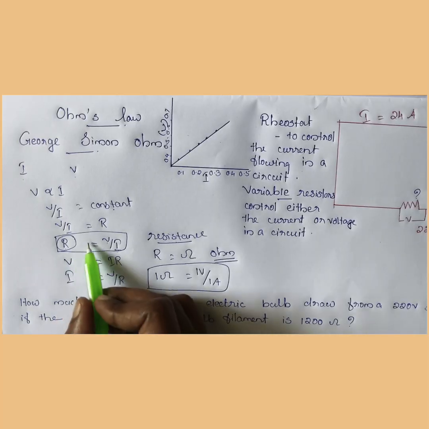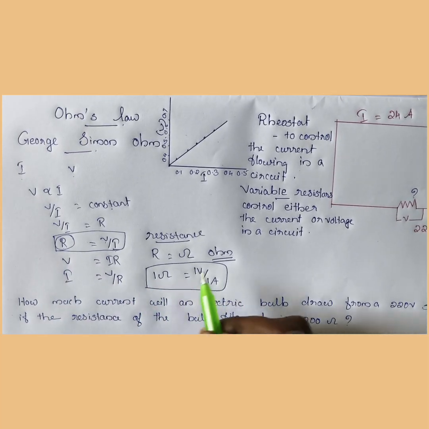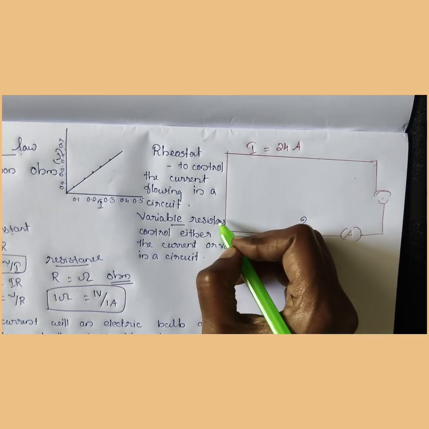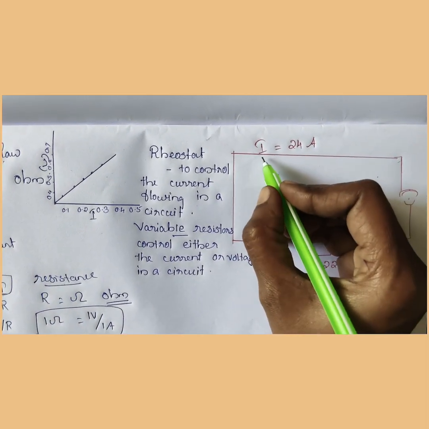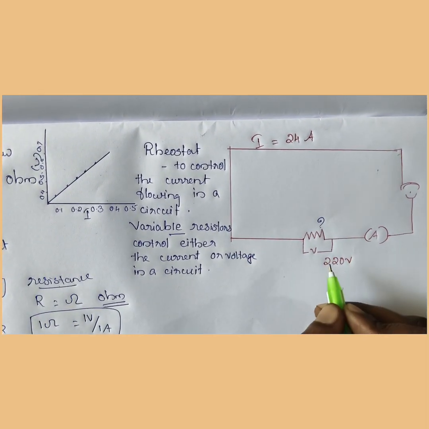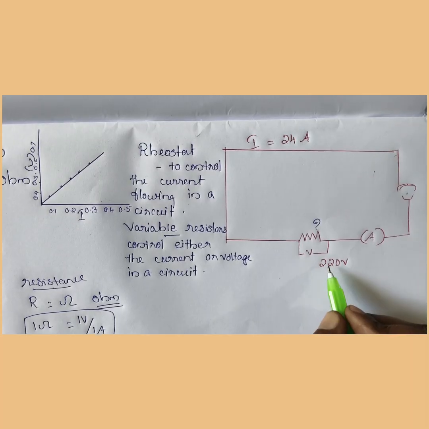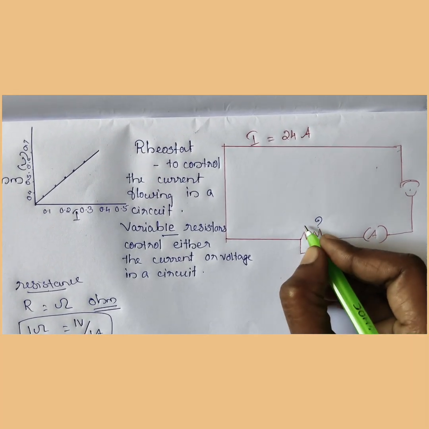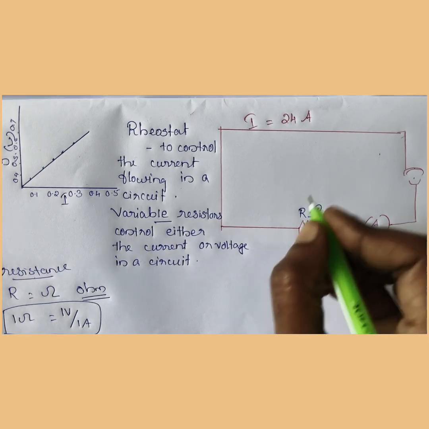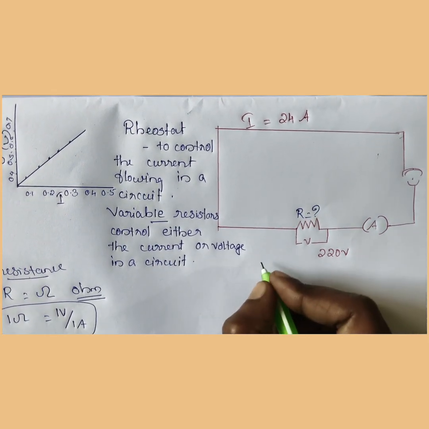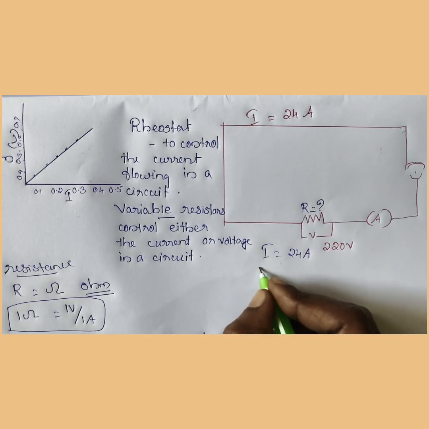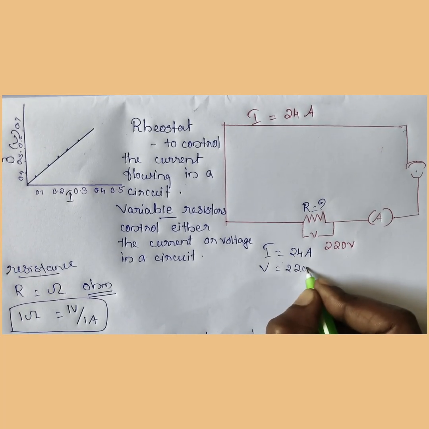So by the help of these formulas, here you can solve some numericals. In a circuit, here you can see the current I is equal to 24 ampere and voltage V is equal to 220 volt. Now we have to find out the resistance. So according to this diagram you can write I is equal to 24 ampere and V is equal to 220 volt.